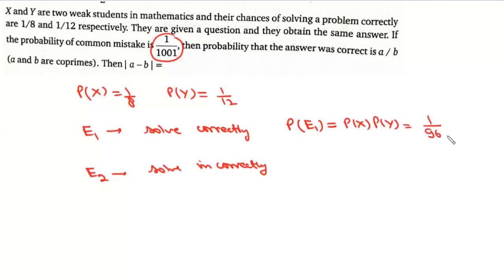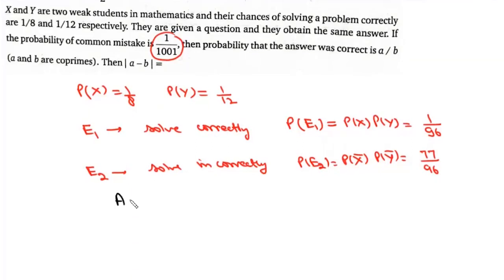So it will be 1 by 96, and the probability that they will solve the problem incorrectly will be Px naught into Py naught. Now Px naught is 7 by 8 and Py naught is 11 by 12. So there will be 77 by 96.